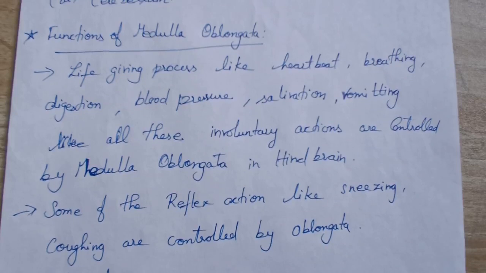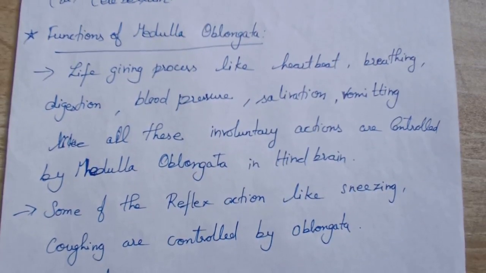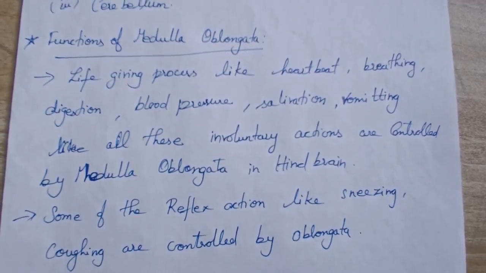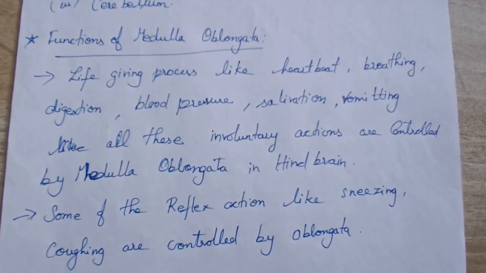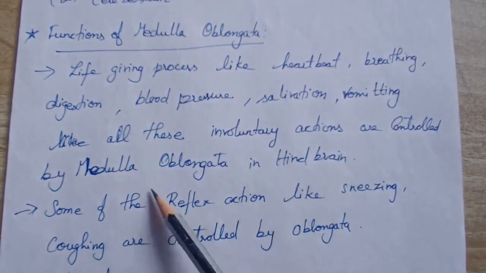They will not stop, they will not wait for instructions. We will never consciously sit and breathe, unless we are doing yoga or some asanas, right? Otherwise we are simply breathing. It is an involuntary process, it always happens, like the heartbeat also. So all these are controlled by the medulla oblongata.